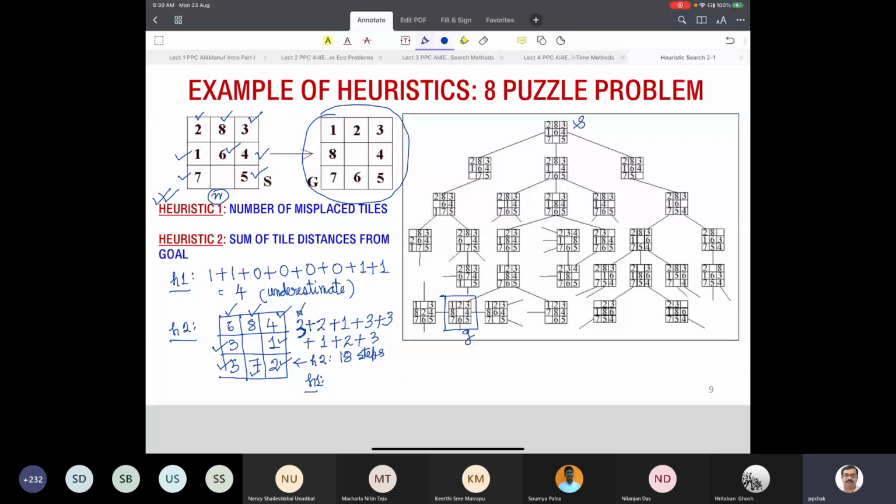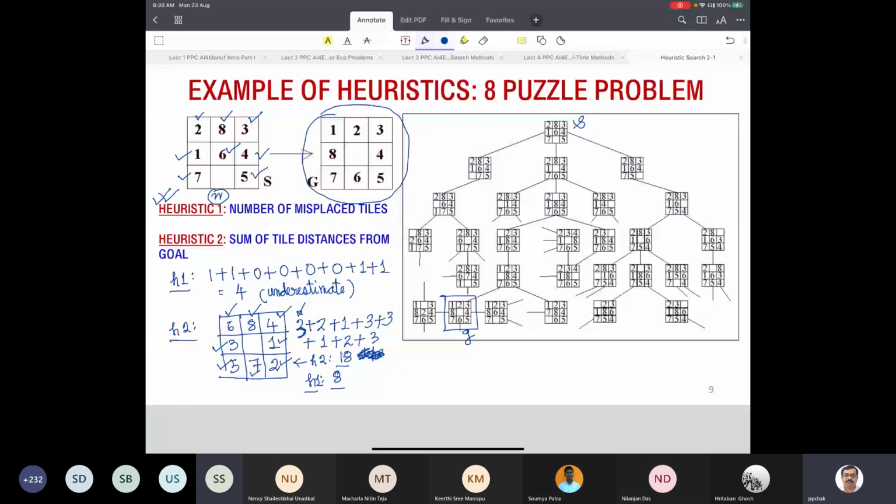All of them, all 8 tiles, are out of their place. So it would be 8. H2 would be 18, H1 would be 8. Is that clear to everybody? Yes.